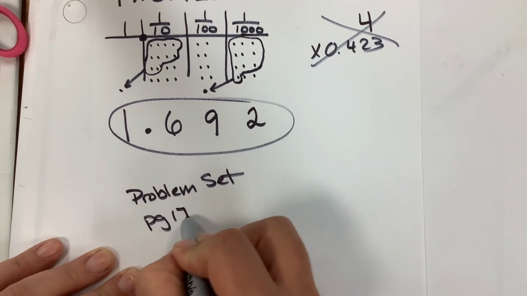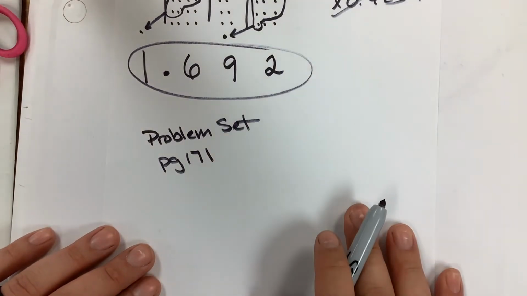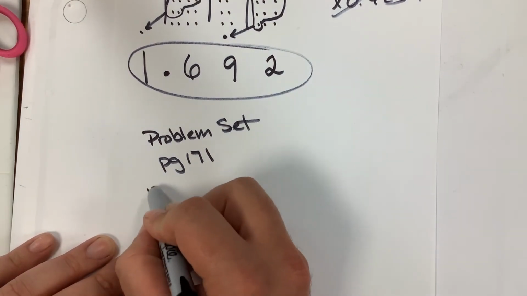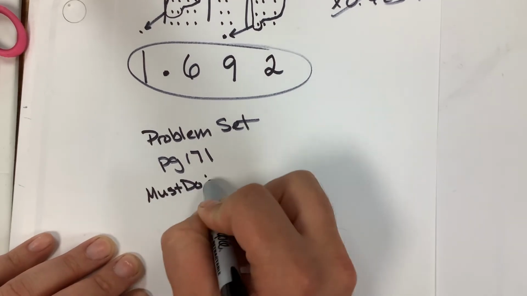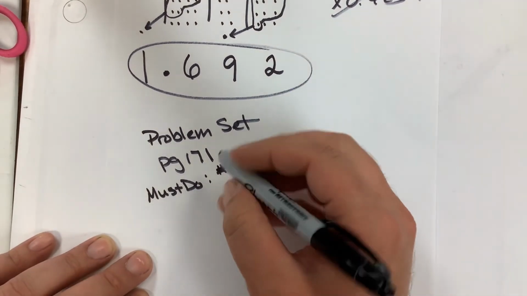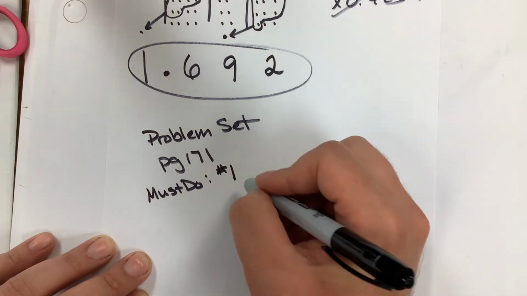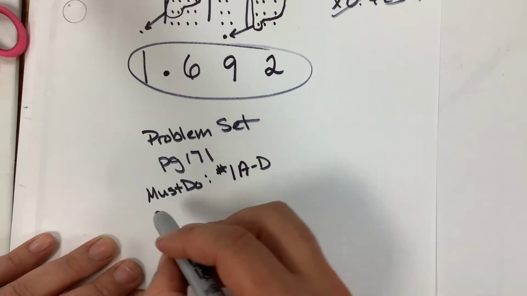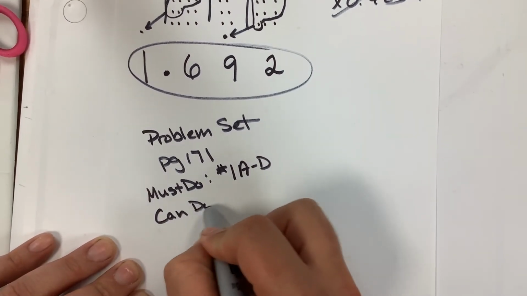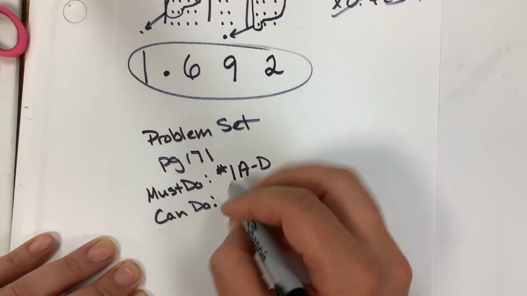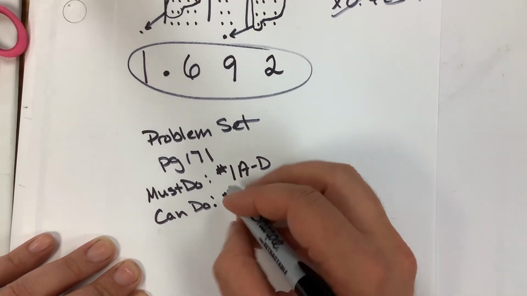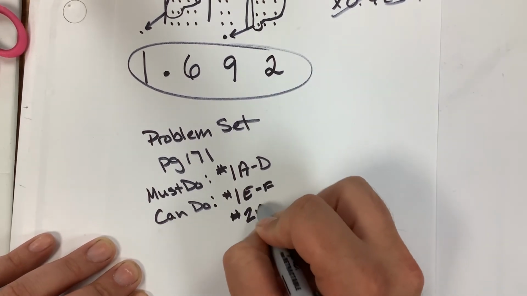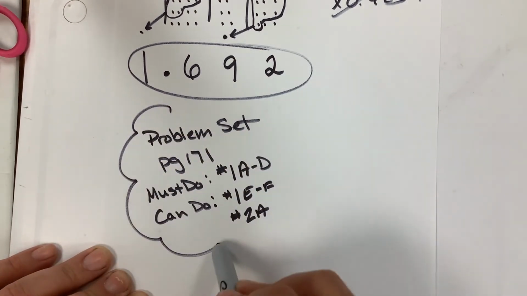I'm going to give you for your must-dos, you're going to do number 1, A through D. And remember, you're drawing pictures. If you finish that, then you can do number 1, E through F, and then you can attempt number 2A, okay, for the problem set.